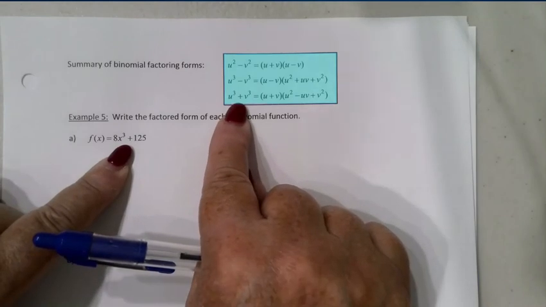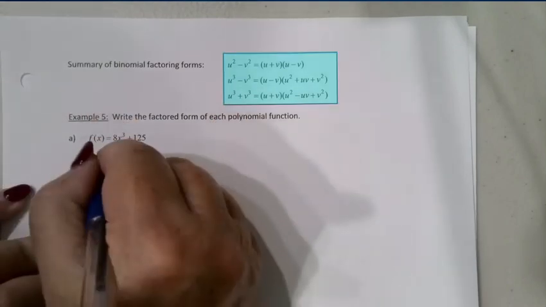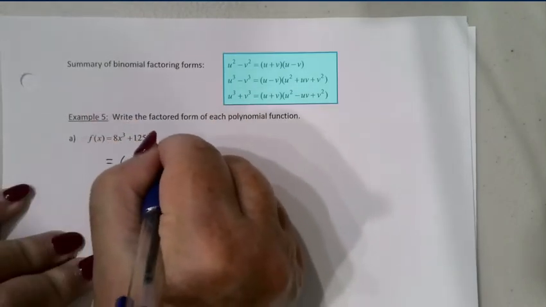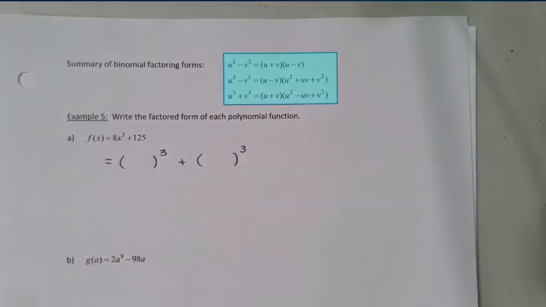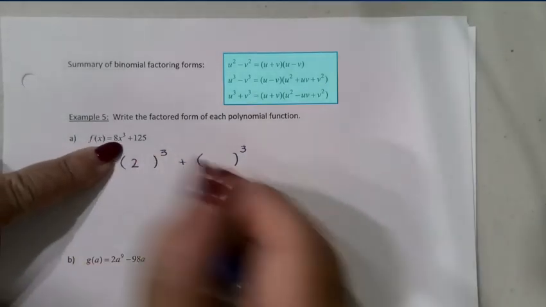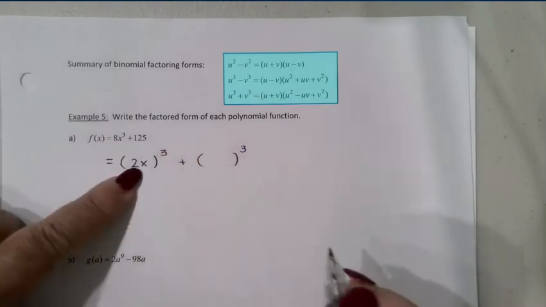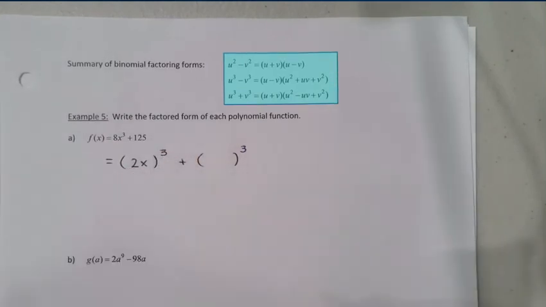And so I'm going to ask myself, are these both perfect cubes? Could I write them as something cubed plus something cubed? And the answer is I think I can. 8 is 2 cubed. And then I have the x here, so 2x to the third power would indeed be 8x cubed.